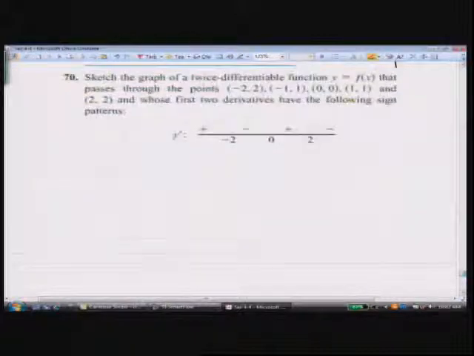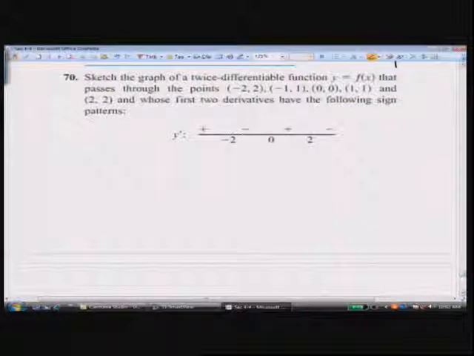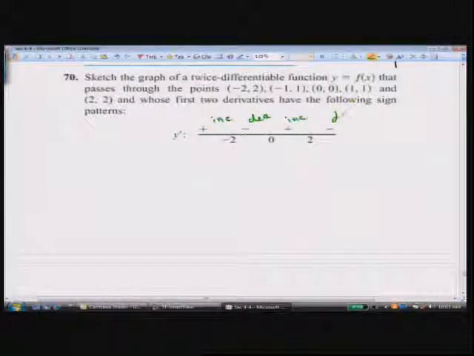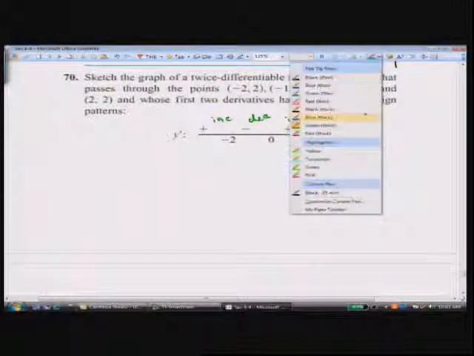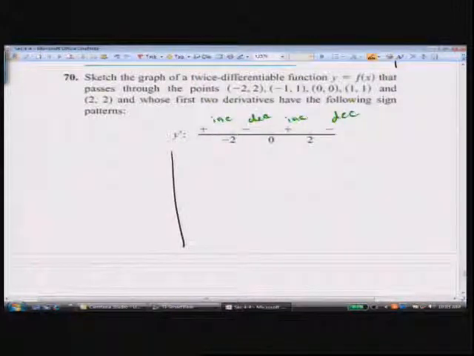Yes, let's do one more because I just can't get enough. All right, good. Sketch the graph of a twice differentiable function y equals f(x) that passes through a bunch of points and whose first derivative has the following sign patterns. Okay, increasing, decreasing, increasing, decreasing. Okay, so my function passes through a bunch of points.